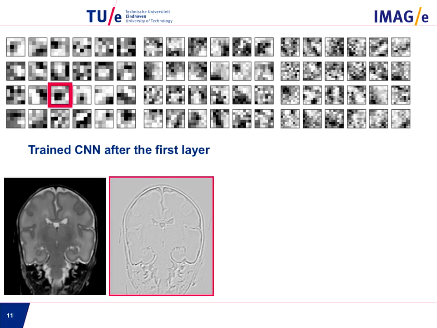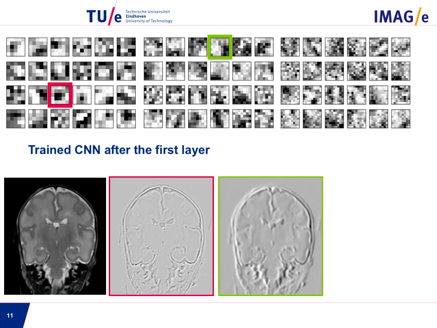For example, this. You can see here that specific structures in the brain are enhanced or suppressed. For example, here you can see that especially the outer border of the brain is enhanced, and the contrast between white matter and gray matter is decreased. You can take another one. You can see here that this looks more like a horizontal gradient.